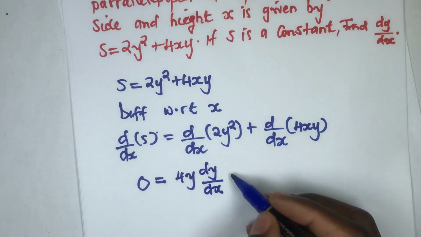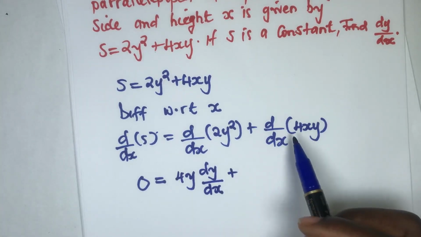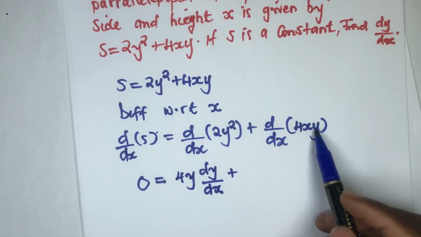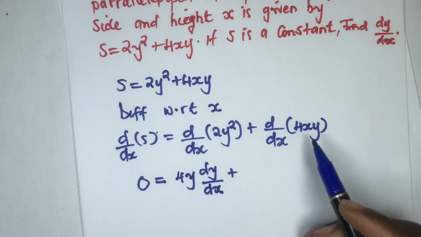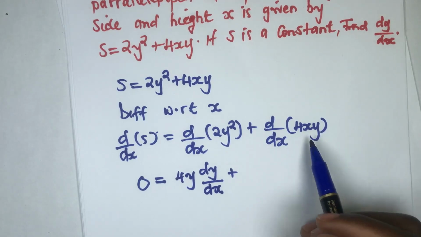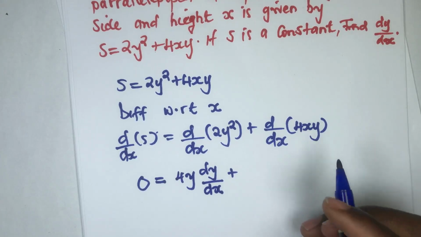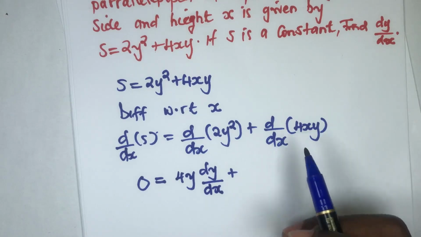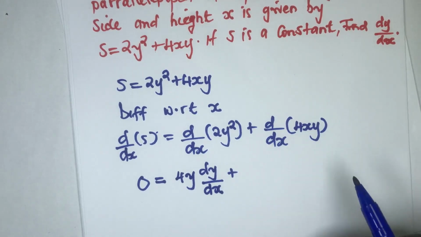Plus, if you look at this term, this is 4xy. We're not going to treat this y as a constant, rather we treat it as a variable. So we've got two functions being multiplied, and we use the product rule.